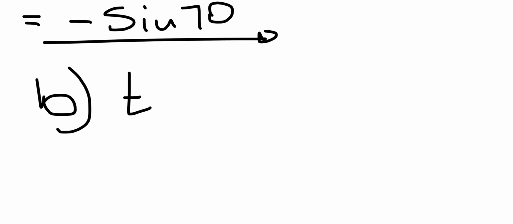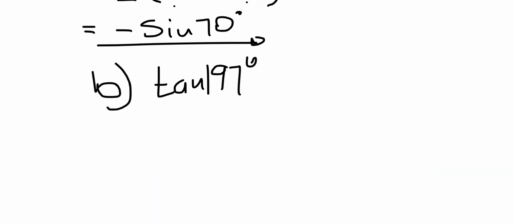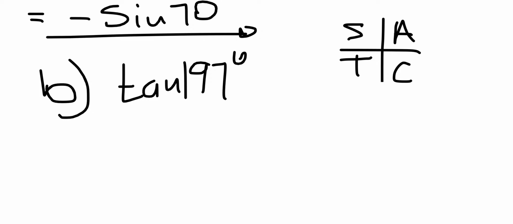With another example, let's say you are having tan 197 degrees. Again you ask yourself a question: in which quadrant does this fall? Definitely the third quadrant, quadrant number 3, and in quadrant number 3 that's where we are going to have 180 plus.